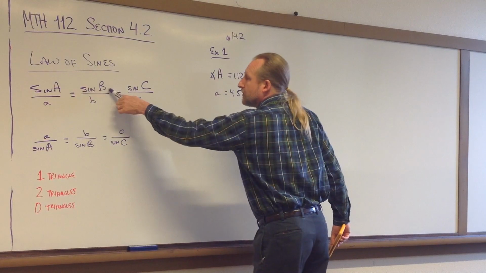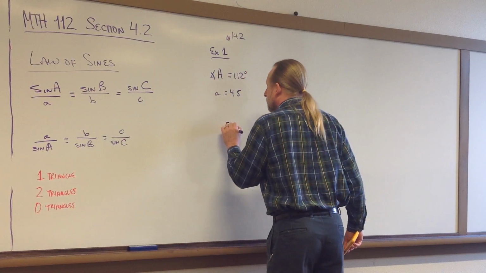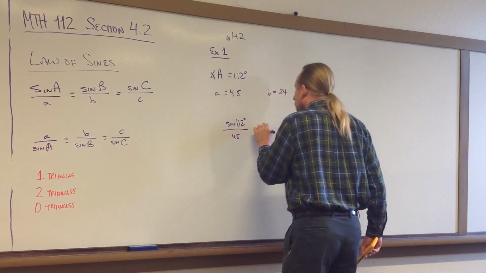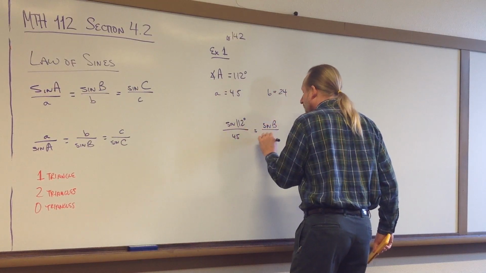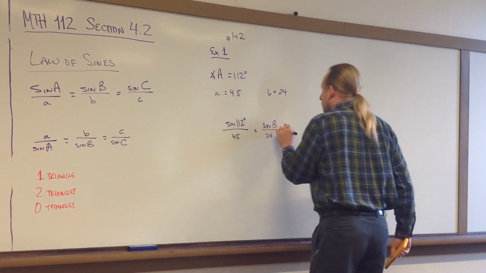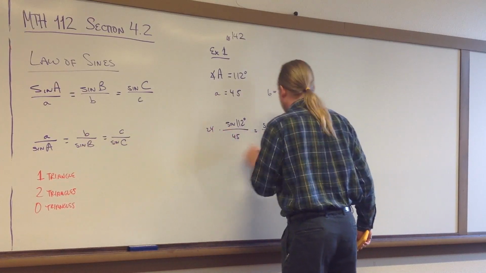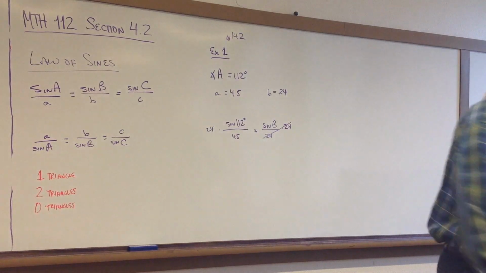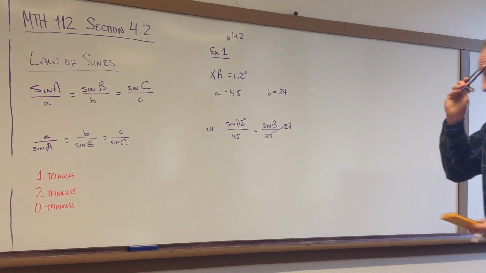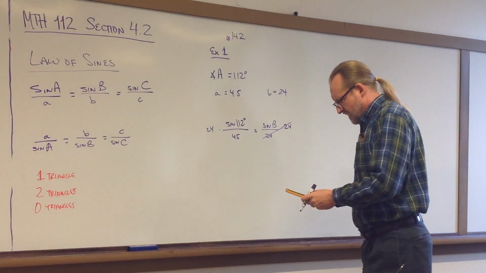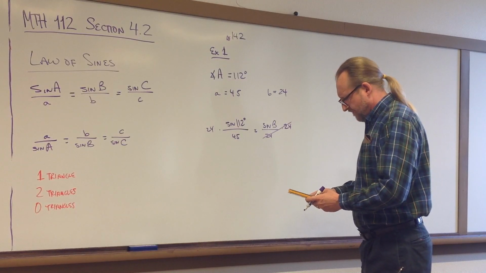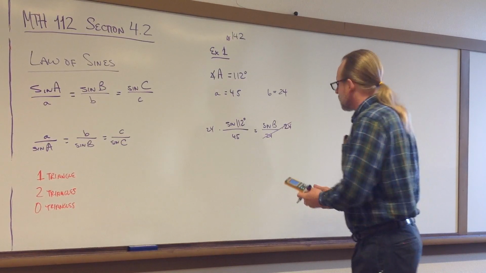I'm going to use this setup now, where I say sine of 112 over 45 should be equal to the sine of B over 24, and then all I have to do is multiply on both sides by 24. So, sine of 112 divided by 45 and multiplied by 24.